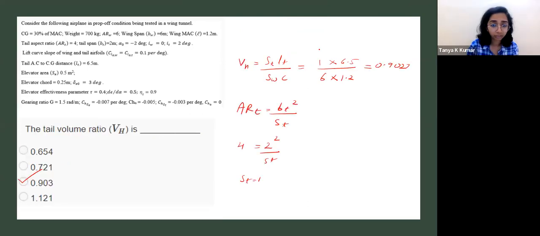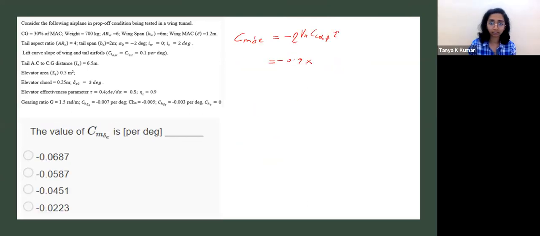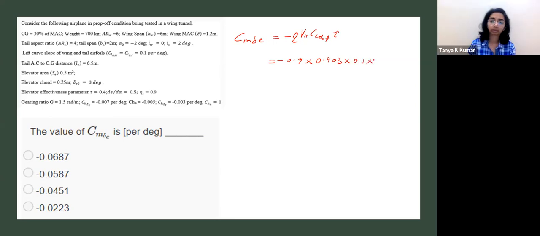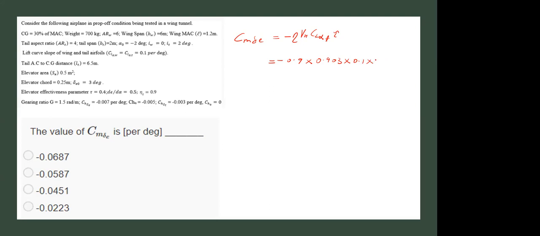VH was how much? 0.9. Into 0.1, 0.1 into 0.4. Is this correct?